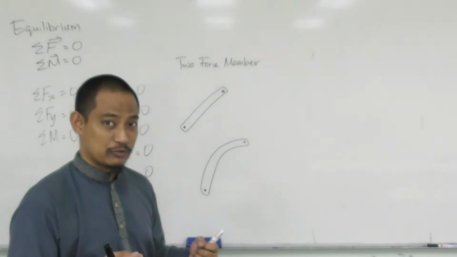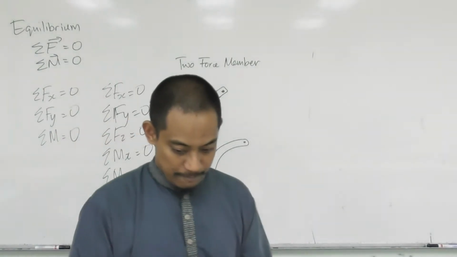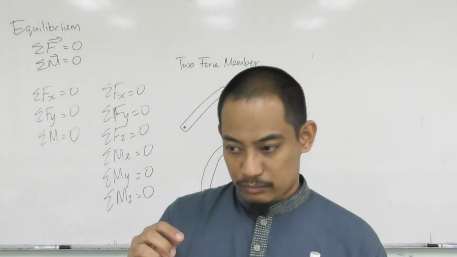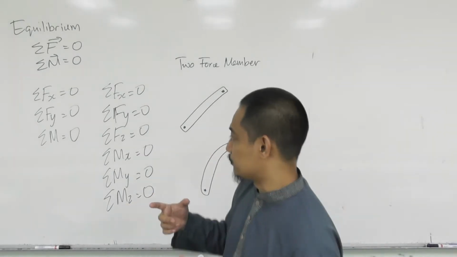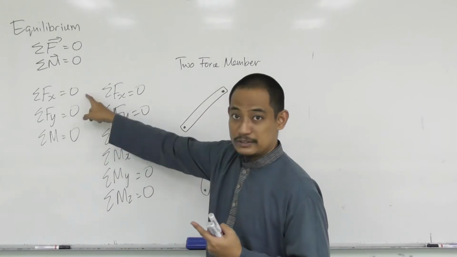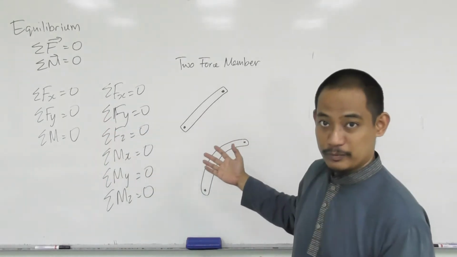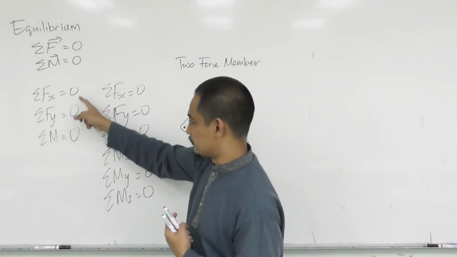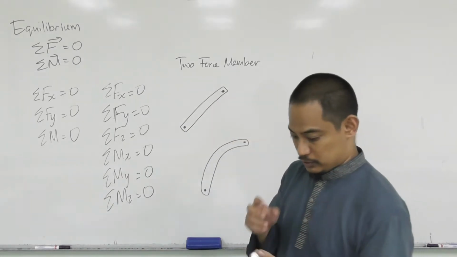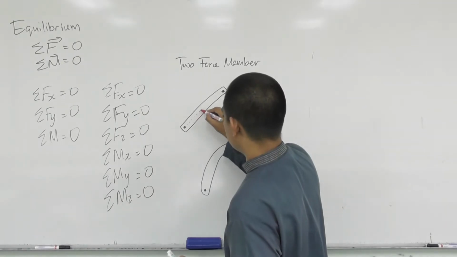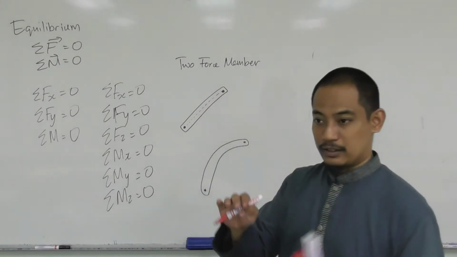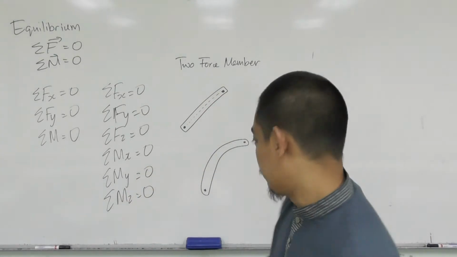But what is special about a 2 force member is that to satisfy equilibrium, where you want to satisfy these three equations, because this is a 2D problem, right? The condition that must be met is that the force has to act along the line connecting the 2 points, right?